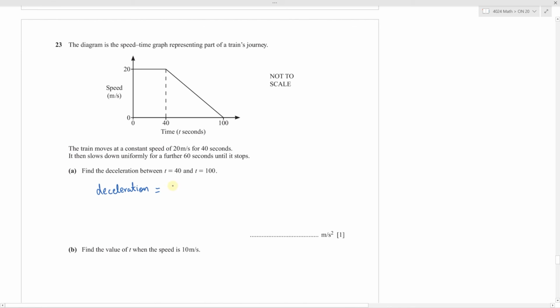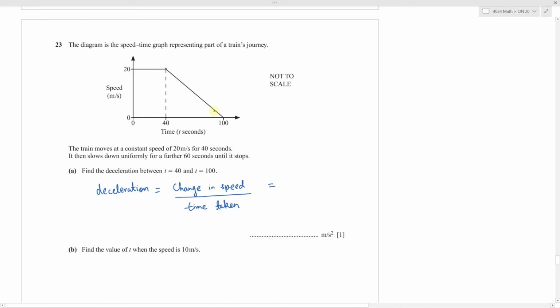So gradient is what? Change in speed divided by time taken, or you can also call it fall over run. So how much did the speed change?